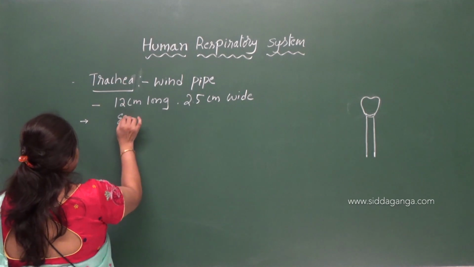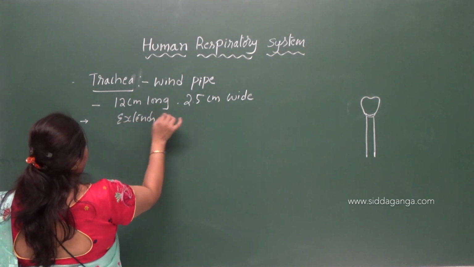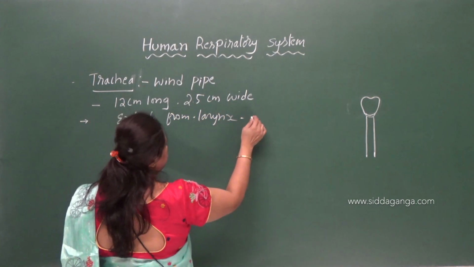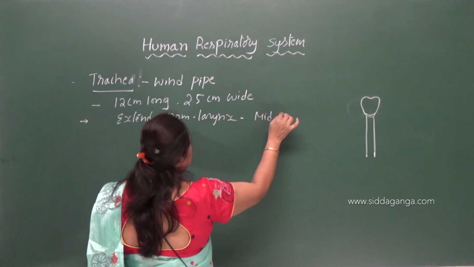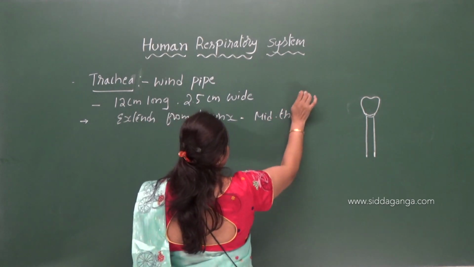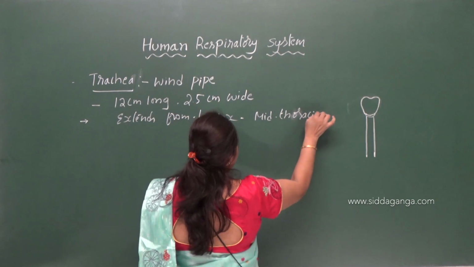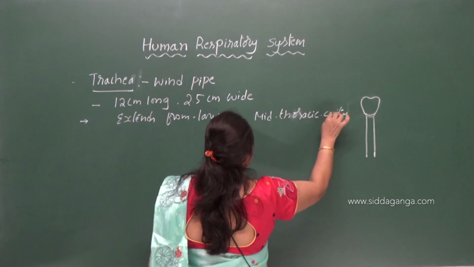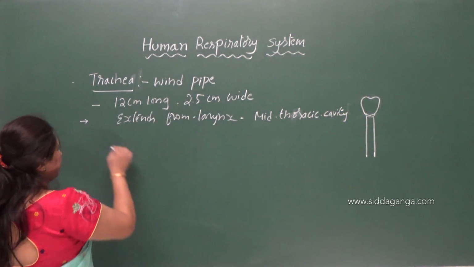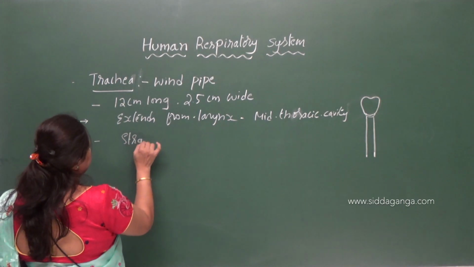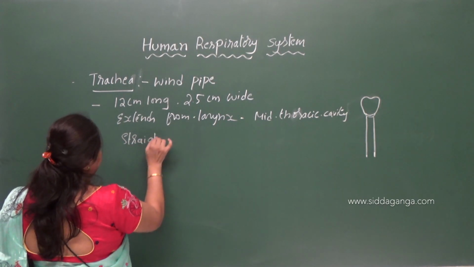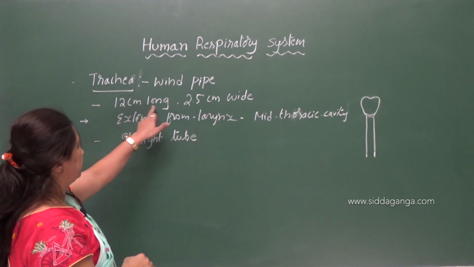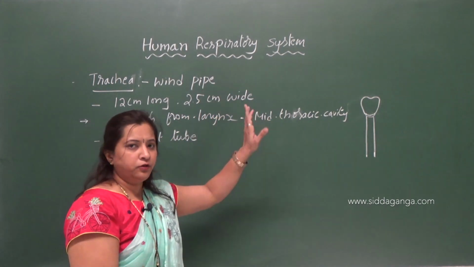So it extends from larynx and goes up to the mid-thoracic cavity. Okay, so it is a straight tube. I said it measures about 12 centimeter long and 2.5 centimeter wide.